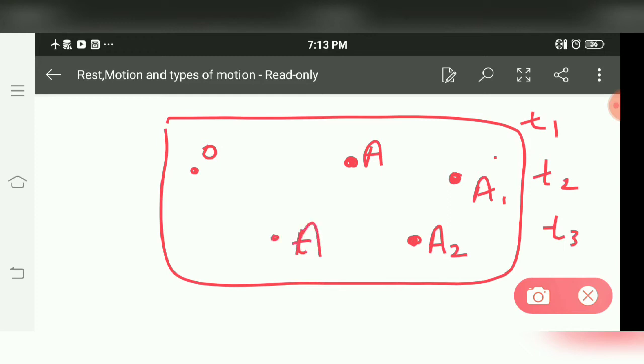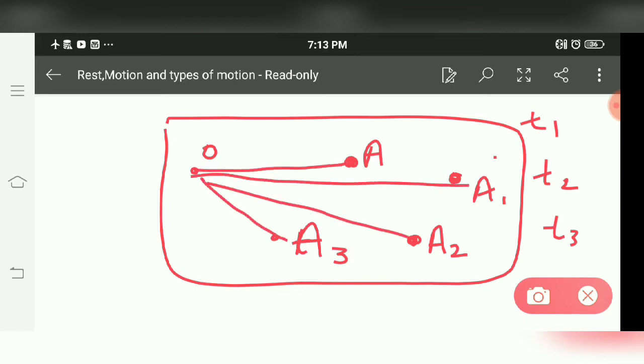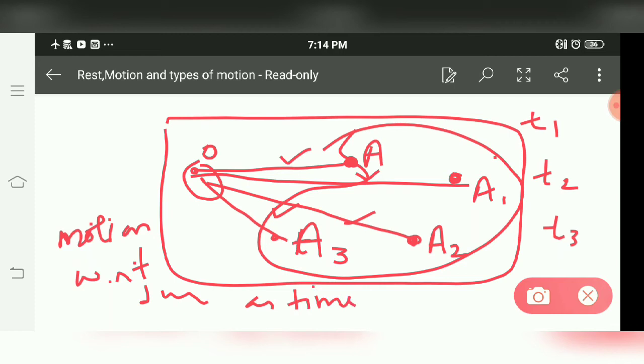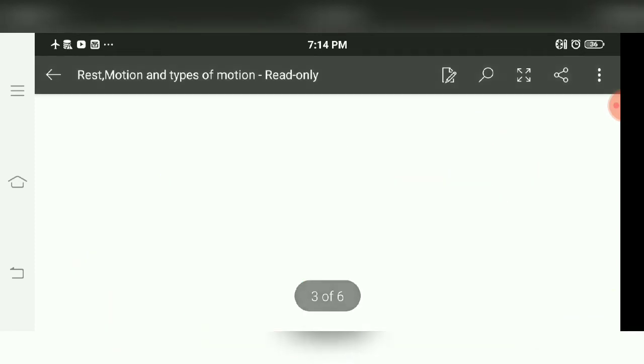Every time we observe, the position of the object is varying with respect to the reference point. Position is not the same. So we can say this A is in motion. With respect to what? With respect to surrounding as well as time.